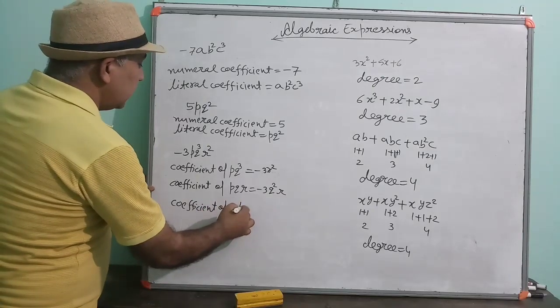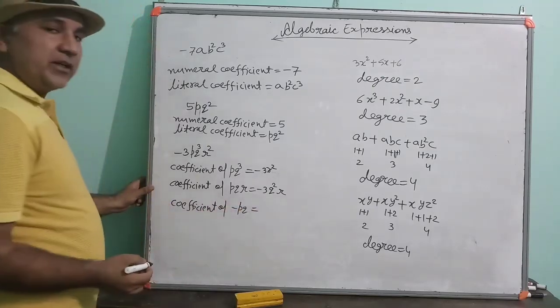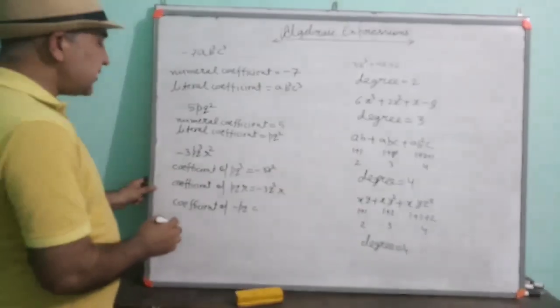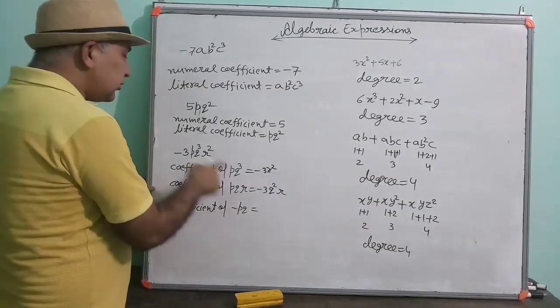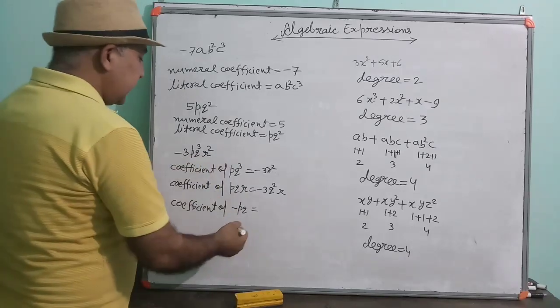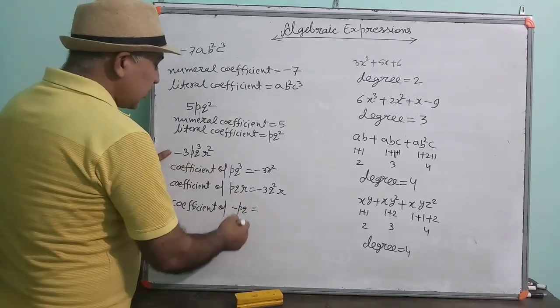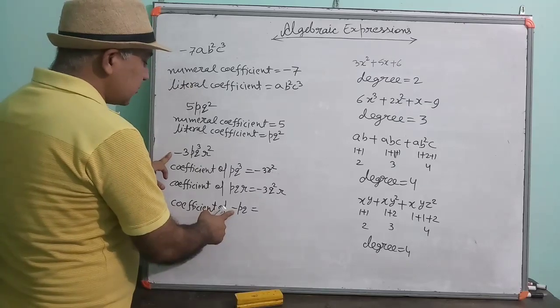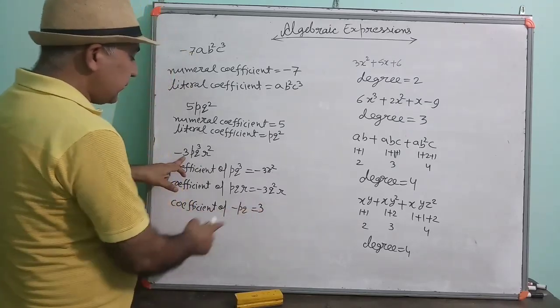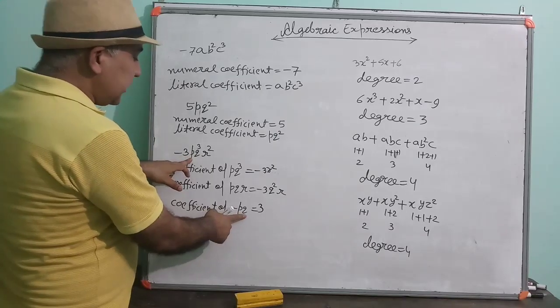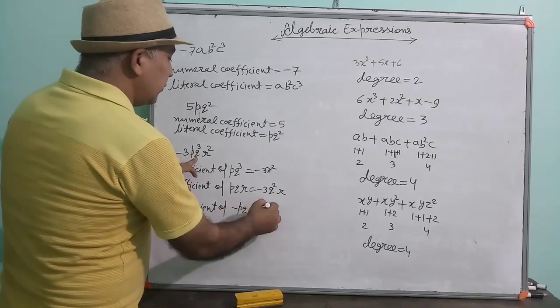Coefficient of minus pq. Coefficient of minus pq means whatever the number multiplied by it to get this number. So see and check and write your answer. Minus is here also. So we will not take minus. 3 is multiplied, p is here also. Here is q, but here is q cube.